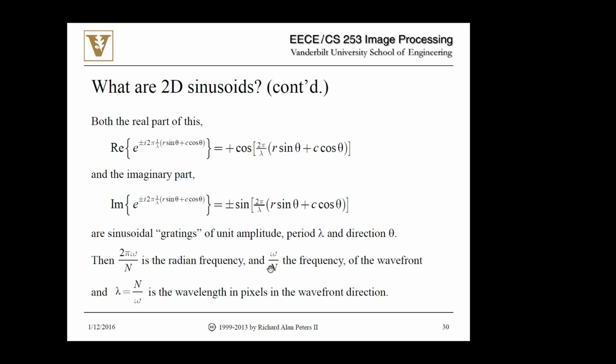So omega divided by n is the frequency, and the wavelength is the inverse of this one, so it is n divided by omega. The separation between two equivalent points is n divided by omega.